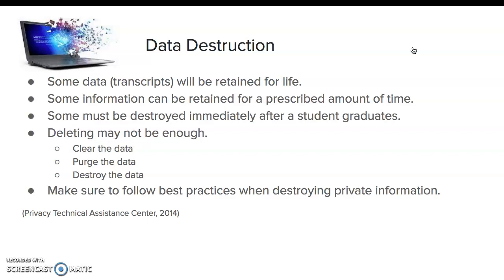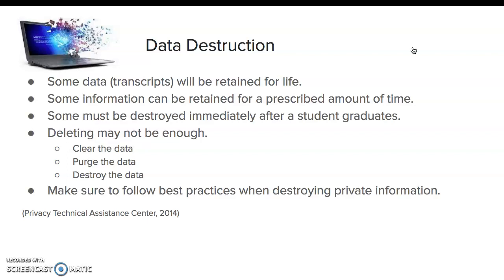Data destruction. Some data, like transcripts, will be retained for life so that students can have access to them whenever they need it. But some information can only be retained for a certain amount of time, and some will be destroyed immediately after graduation. Making sure that we understand that deleting may not be enough.